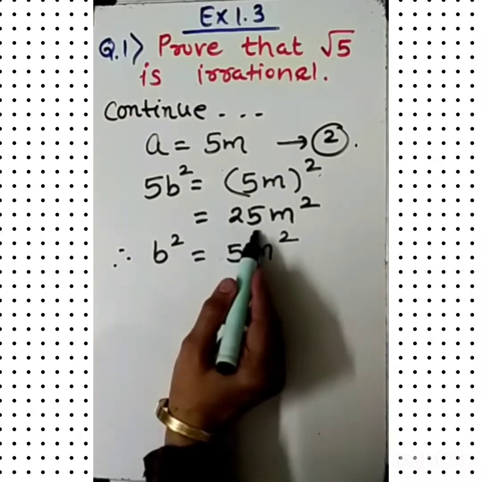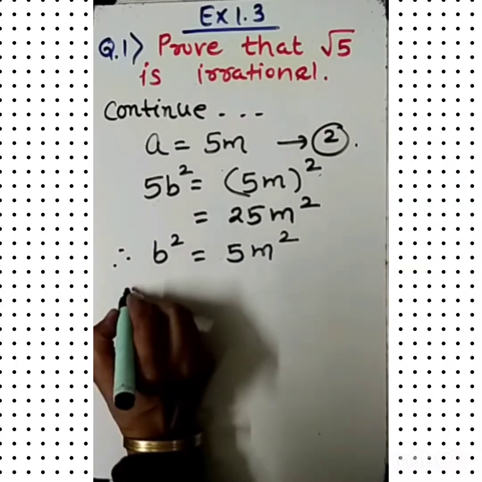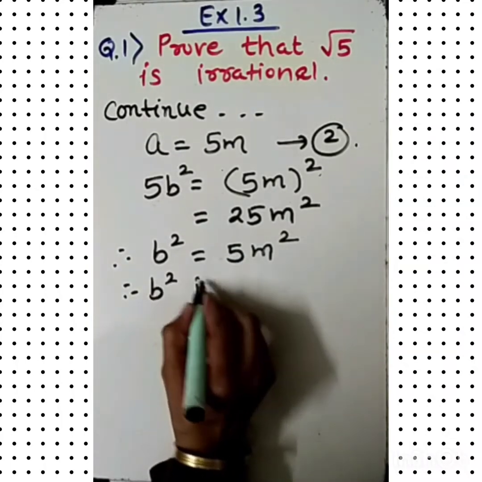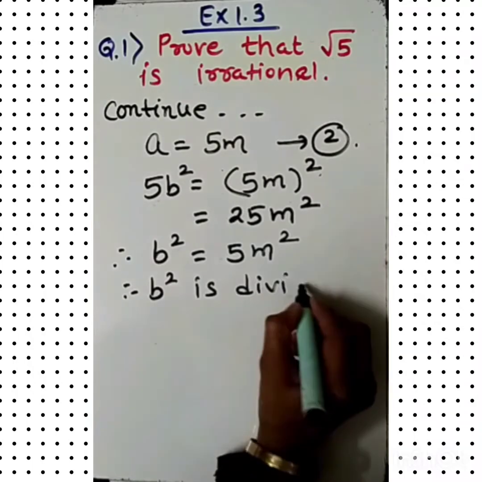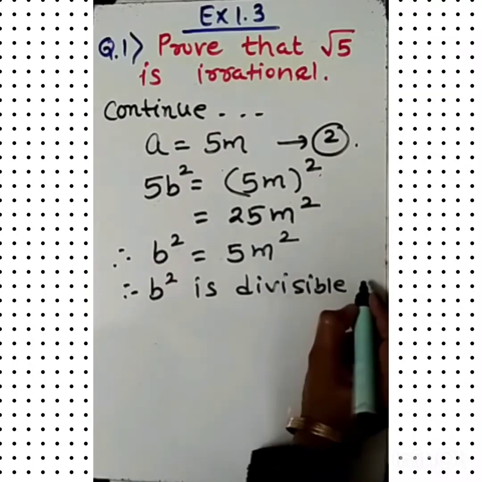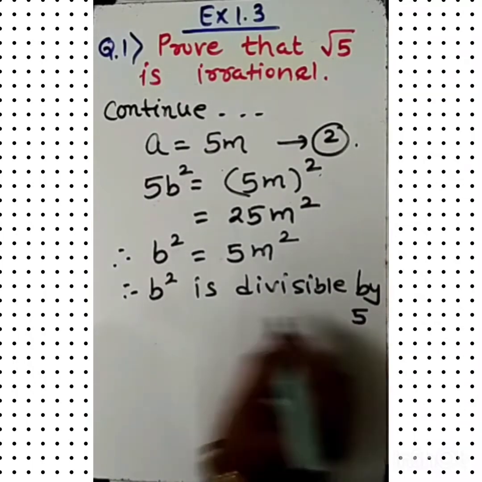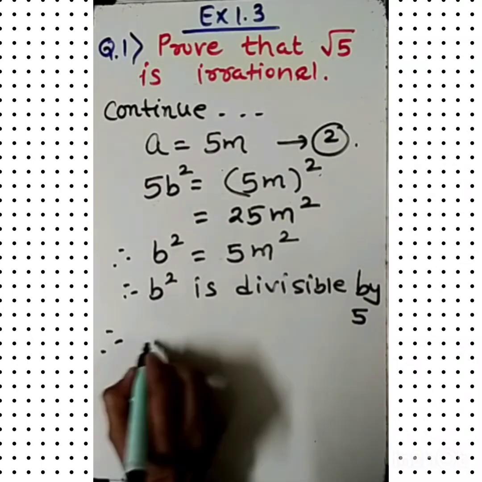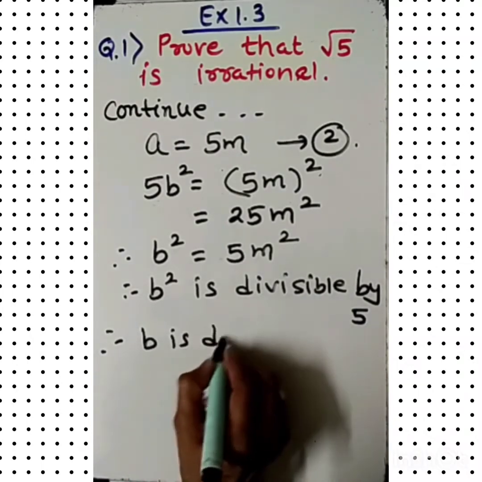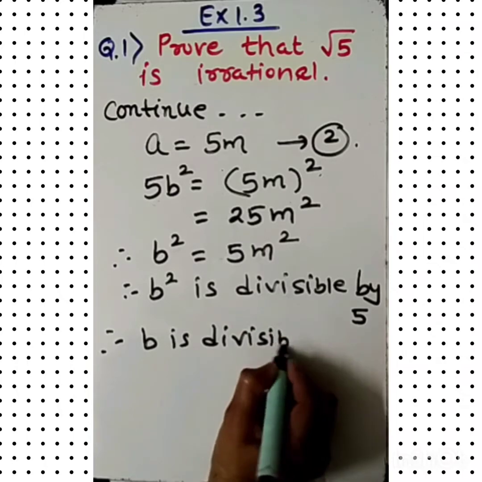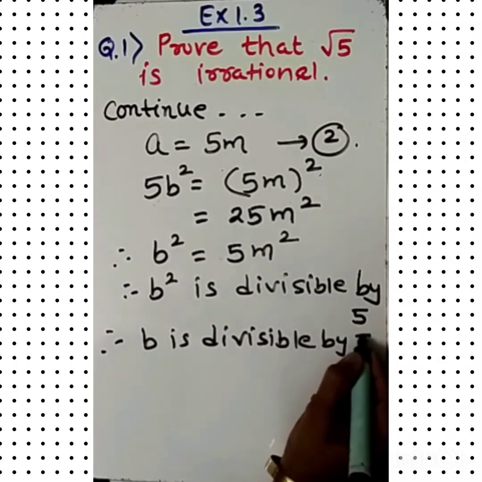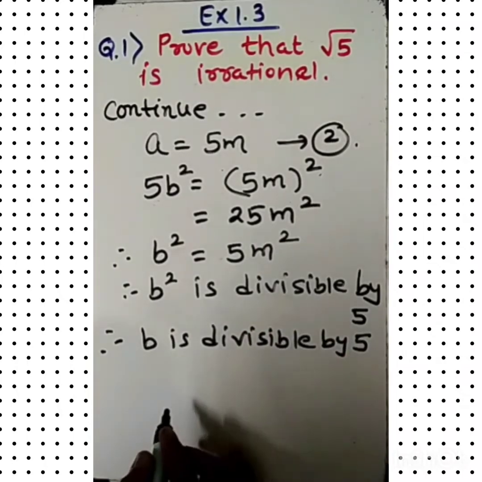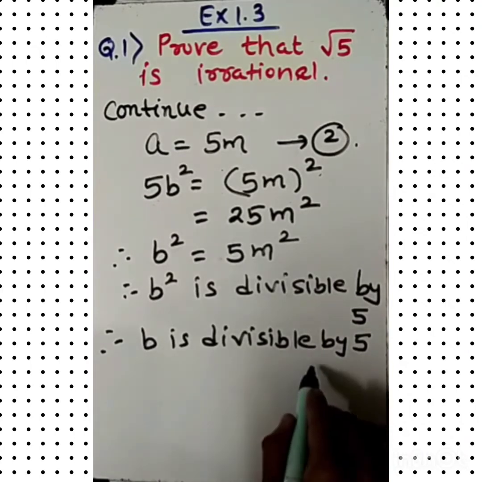This 5 will be divisible by this. Therefore b square is divisible by 5. Therefore b is divisible by 5. Vice versa. Okay, this is result number 3.